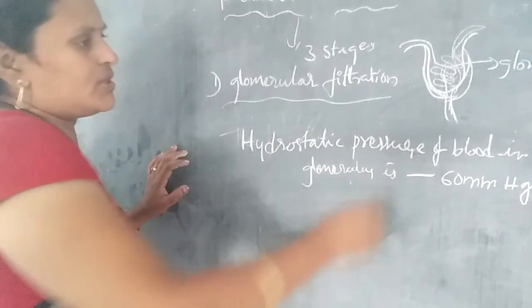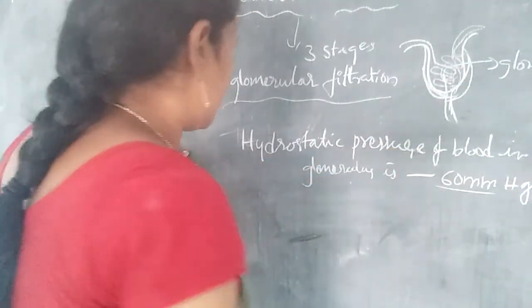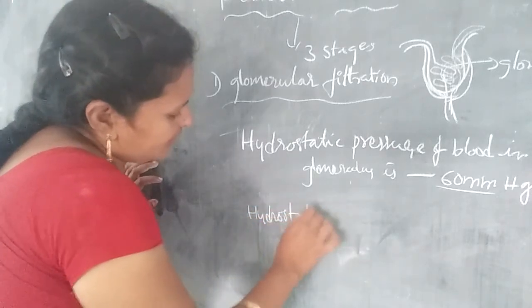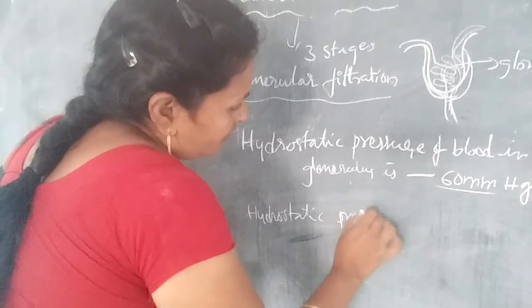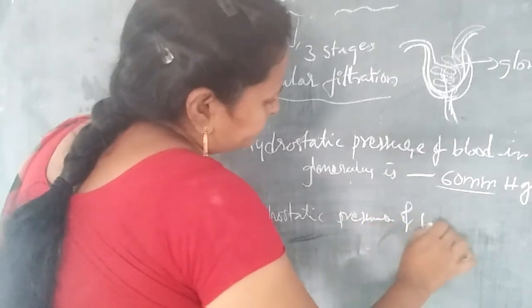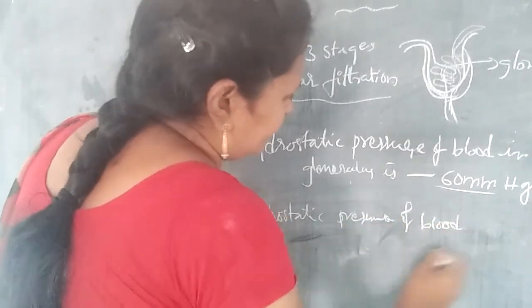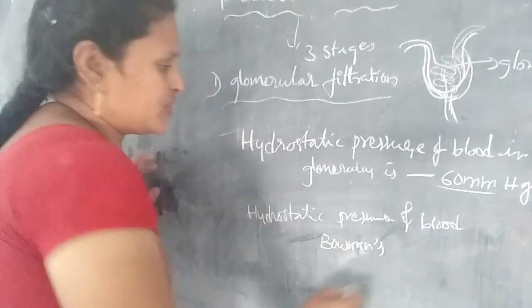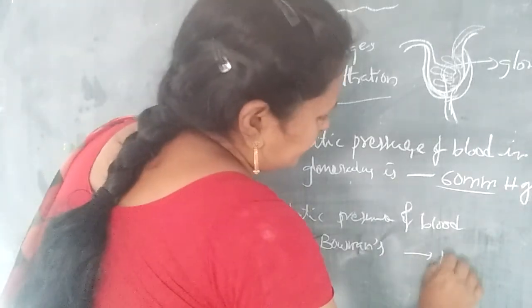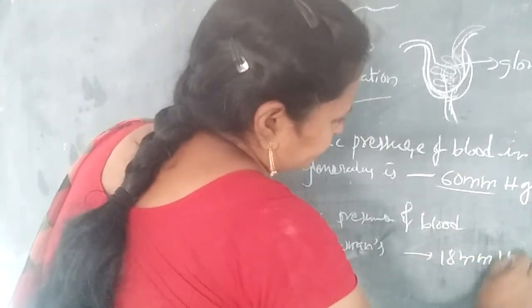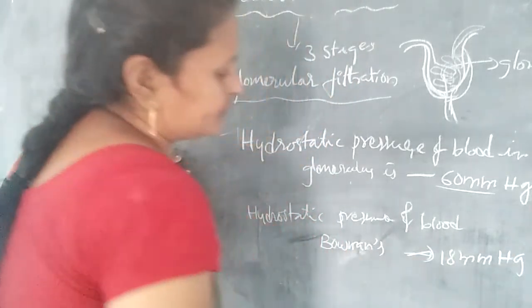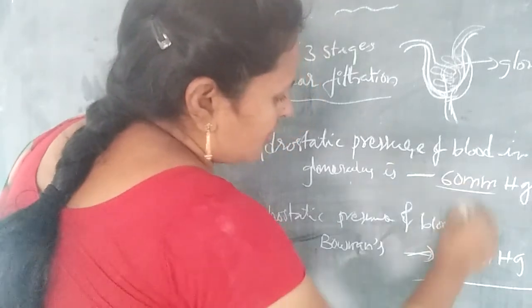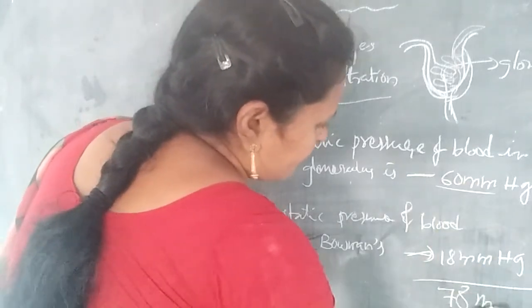Next, the hydrostatic pressure in Bowman's capsule is 18 mmHg. Together that makes 78 mmHg.